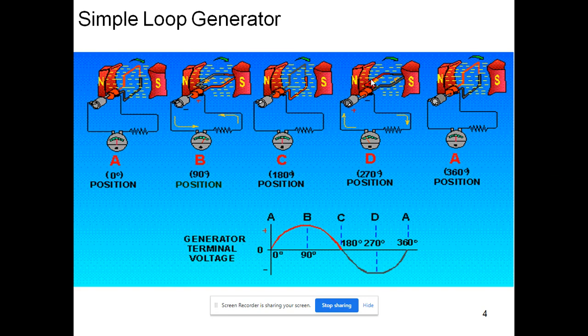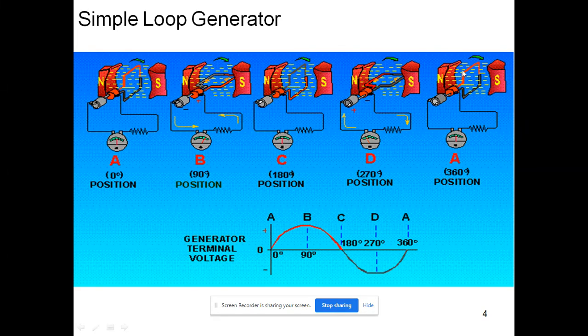Hence there will be maximum cutting of the flux, and the voltage induced will be maximum at 270 degrees, and it is in exactly the reverse direction. So we have shown the terminal voltage at 270 degrees as minus.